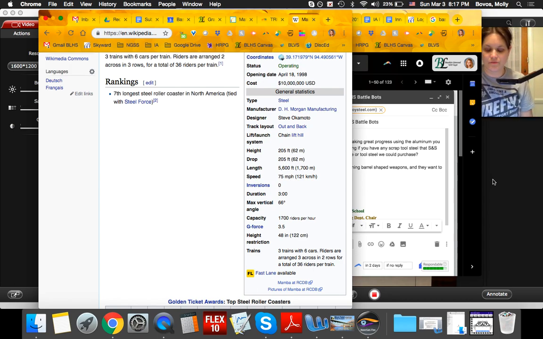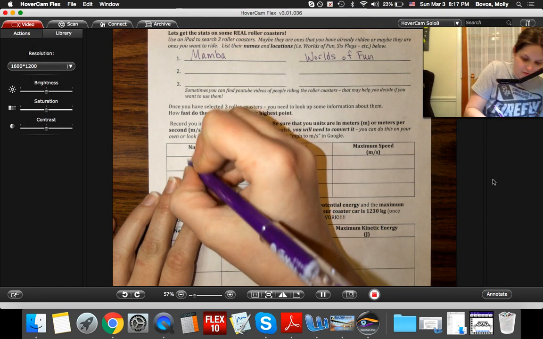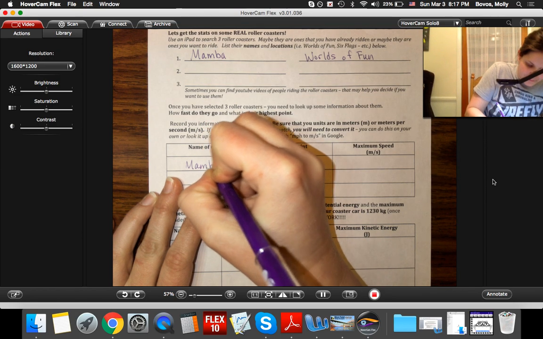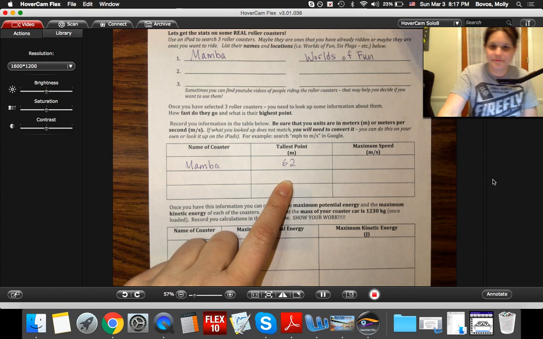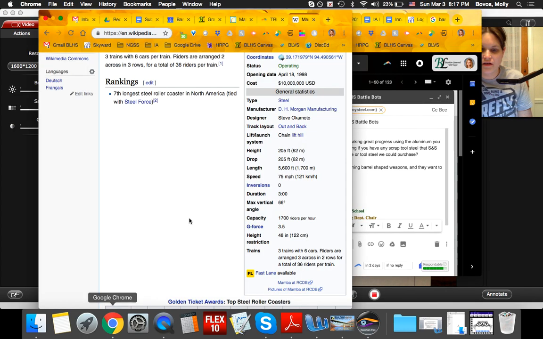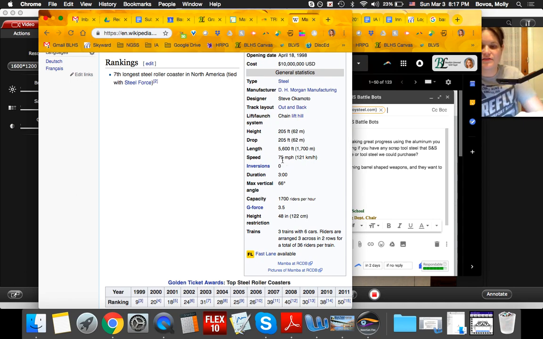So for example, what I put here for my roller coaster, Mamba, tallest point is 62 meters. And then I want to know its maximum speed. According to this, it is 75 miles per hour, which is 121 kilometers per hour.